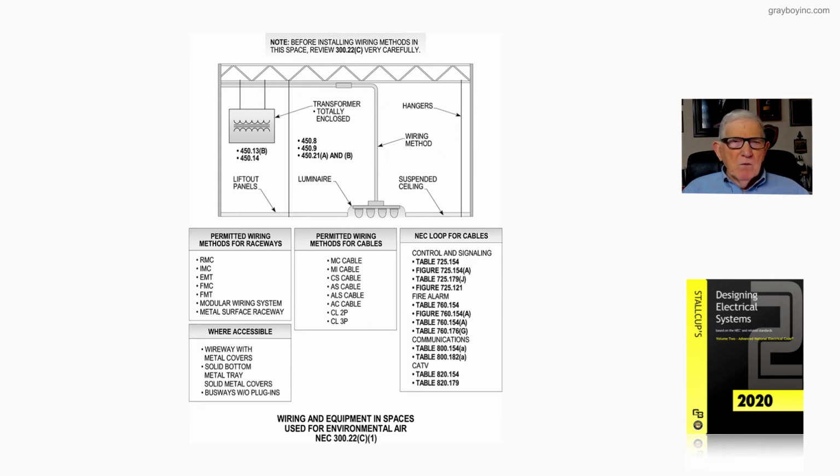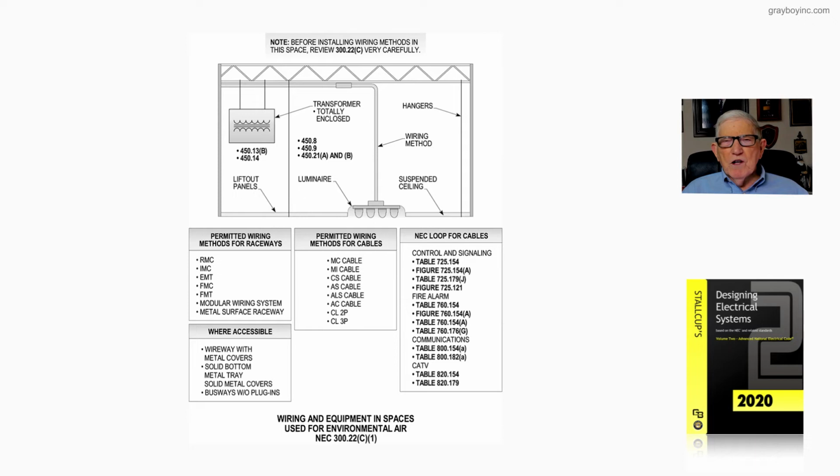And then the permitted wiring methods for cables, we could use MC cable, in accordance now with 300.22(C), MI cable, CS cable, AS cable, ALS cable, AC cable, CL plenum cable that we could use, as you see listed there.